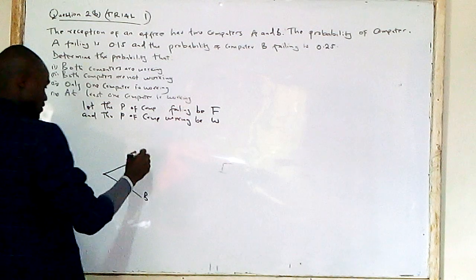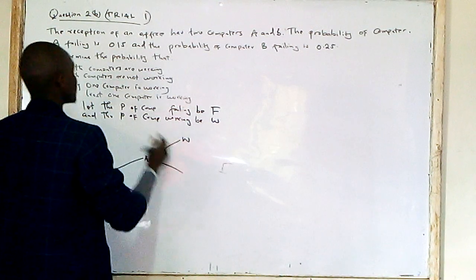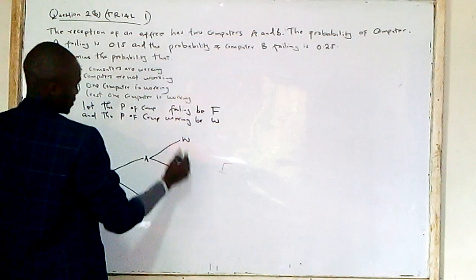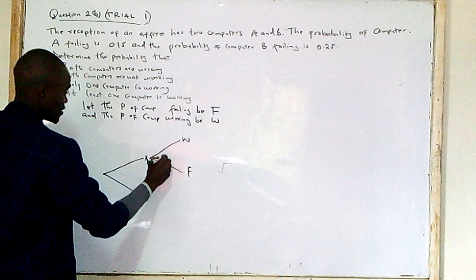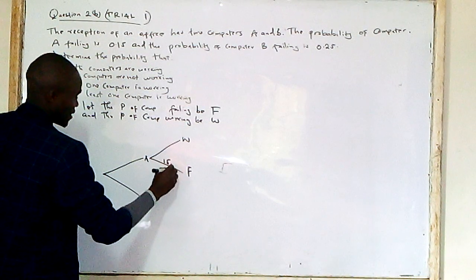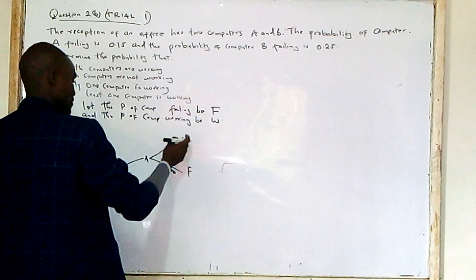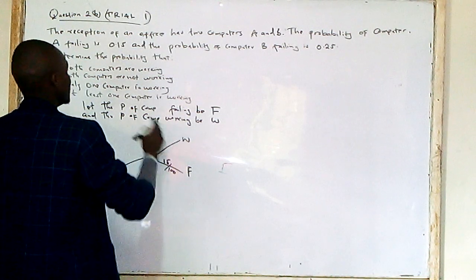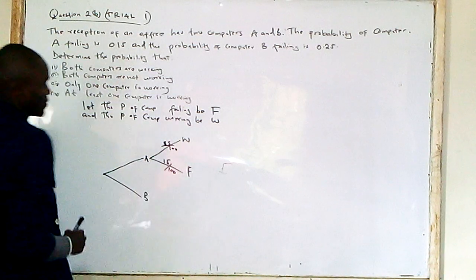So the probability of computer A failing is 0.15, so it is 15 over 100. And the probability of computer A working is 85 over 100.